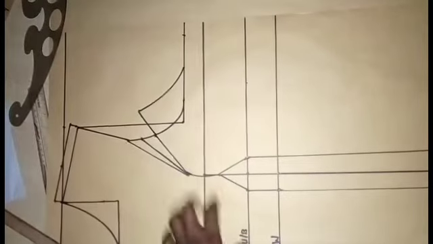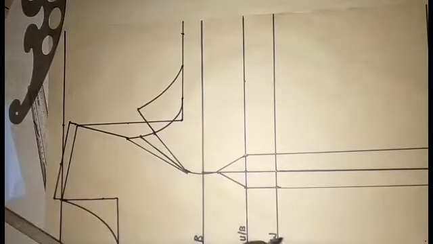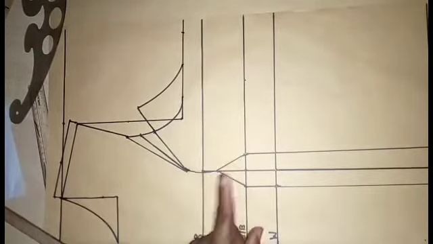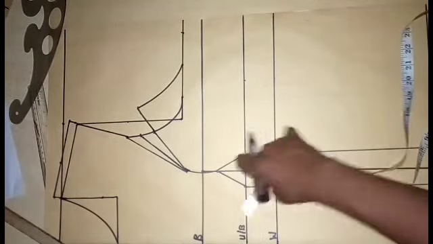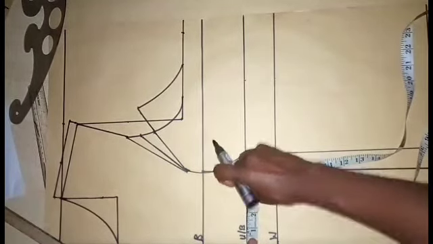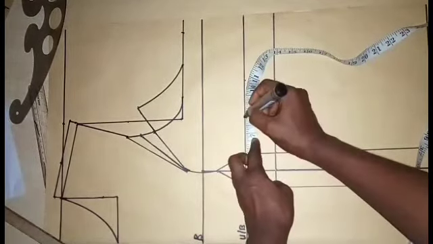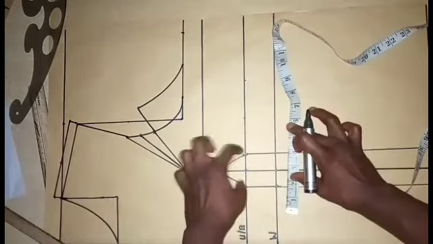Then for the under bust, the measurement is 32 inches. So 32 divided by 4, that is 8 inches. So I'll take the 8 inches. First of all, I'll just mark the 8 inches. This is it. Then I'll have to replace this dart.